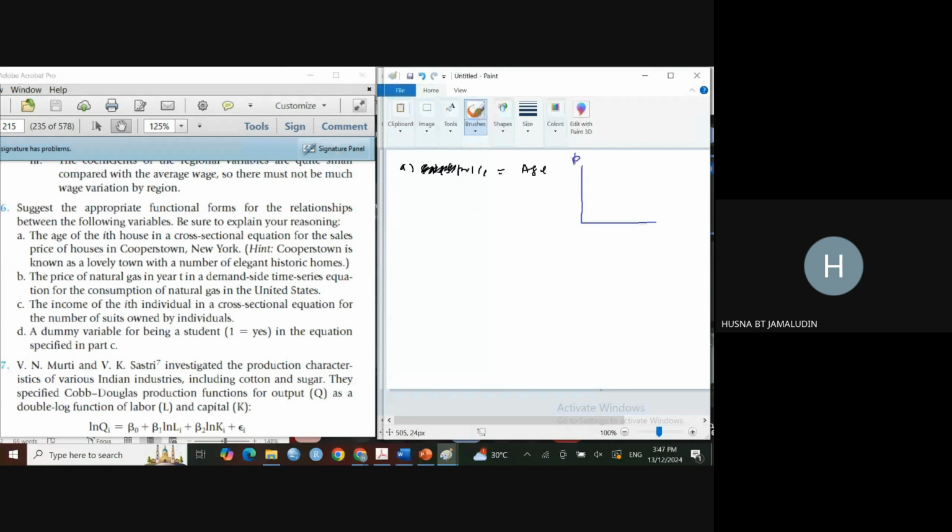This is the price of the house. This is the age. Okay. So normally, the theory says that if the house is getting older, the higher the age of the house, of course, the price will fall. You have a house built in 2010, and you have a house built in 2020. Will you purchase the house from 2010 or 2020?